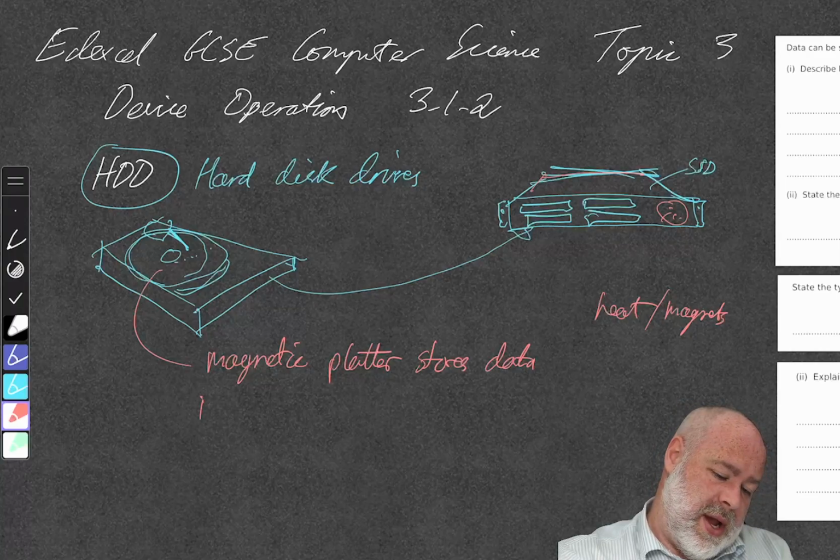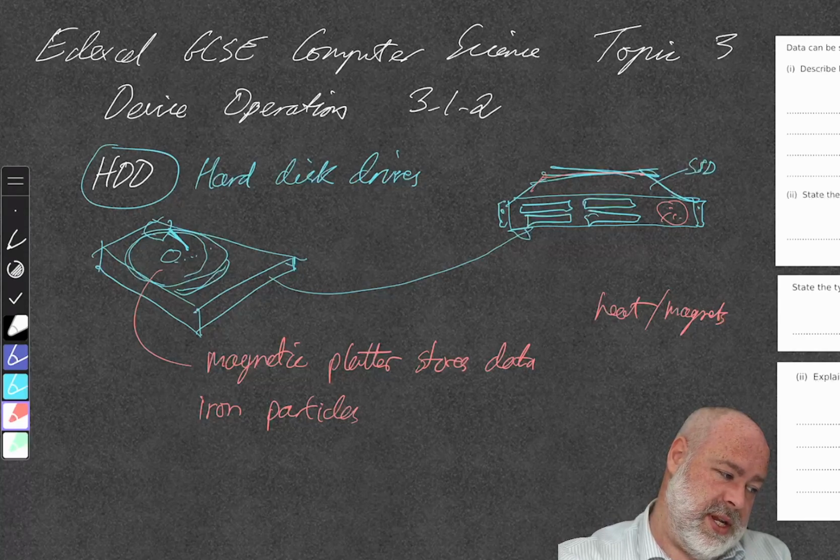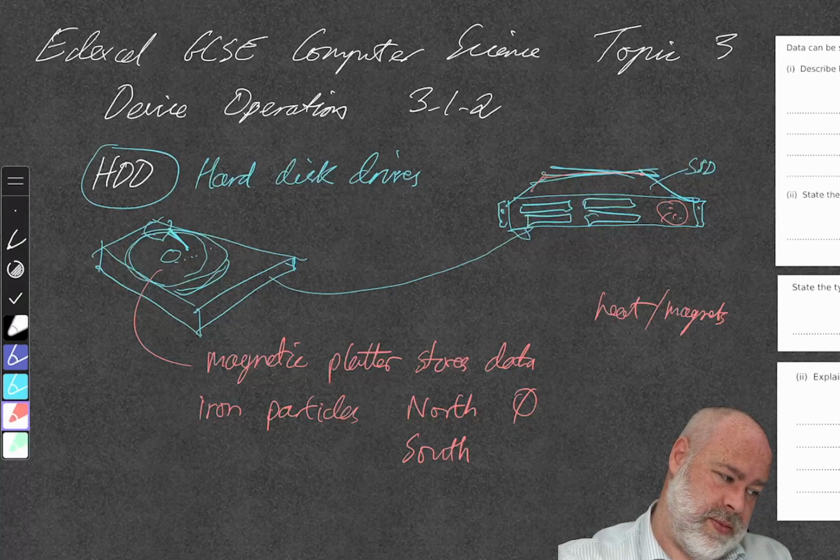And well, how it actually works is iron particles on the disk are magnetized, and they're either north or south, which represents a 1 or a 0.